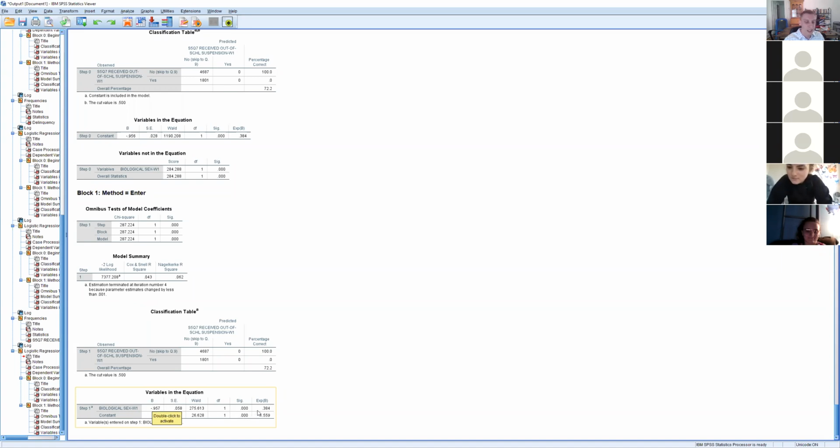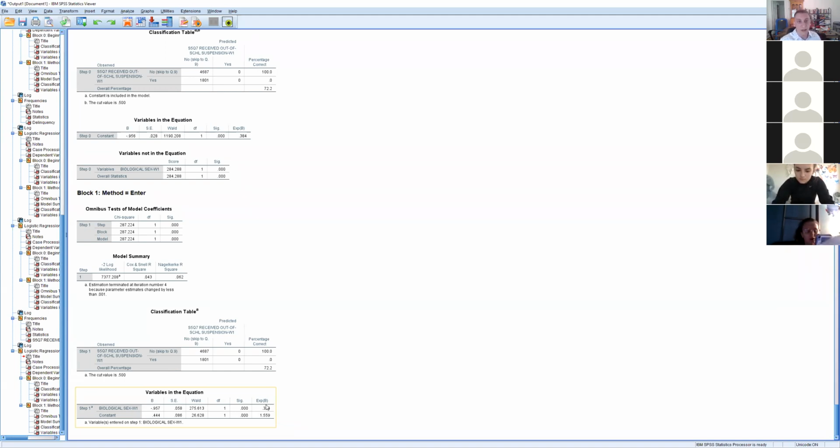So most times we want to interpret this in terms of the exponentiated beta, the effect on the odds of it occurring. Because this is below 1, you know that it's lowering the odds. If it's above 1, then it would be raising the odds.